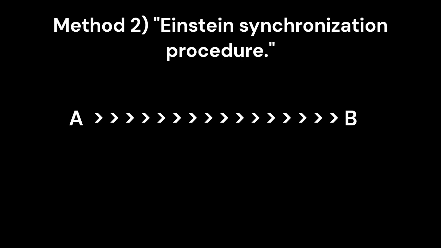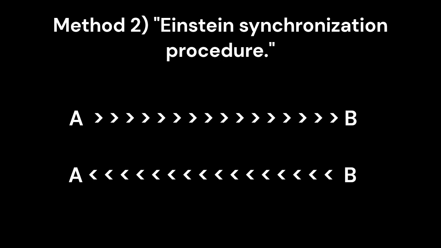One clock is at station A and the other clock at station B. To synchronize the clocks with Einstein's method, at a specific recorded time on clock A, station A sends a signal, a light signal or radio signal, to the clock at station B. When station B receives the signal, it records the time on its clock, and it also immediately sends a return signal back to A. Station A records the time when the return signal is received.